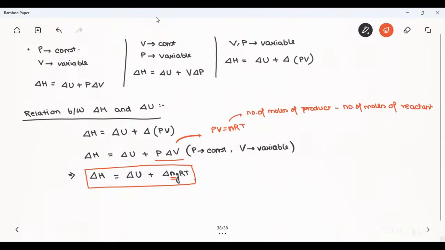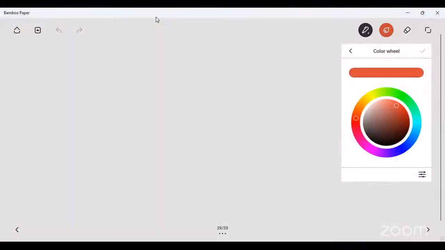Now, what units will we be considering for doing sums here? We will be taking delta H in kilojoules, and delta U in kilojoules.